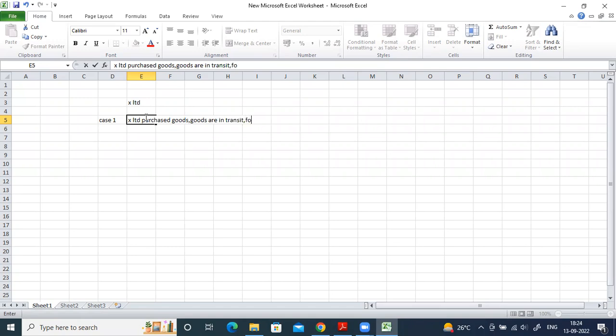It is free on board destination. So the total worth of goods is 10,000.